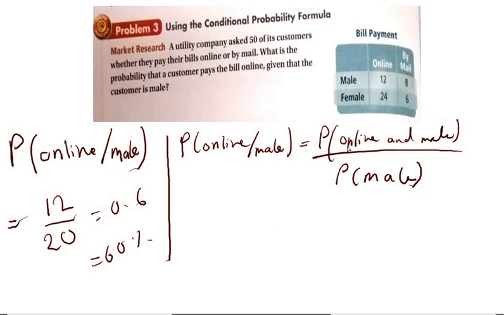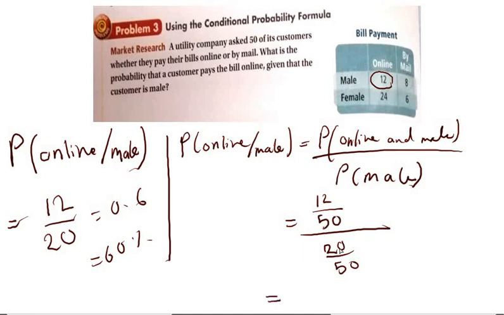Now this is equal to the probability of online and mail, which is the intersection of these two lines, 12, over the total number 50, divided by the probability of mail. We have 20 mails over the total number, which is 50 again. So 20 over 50.